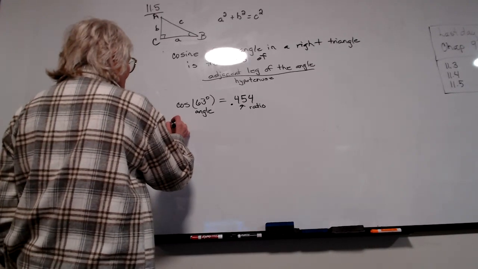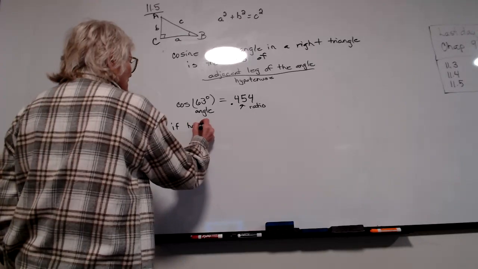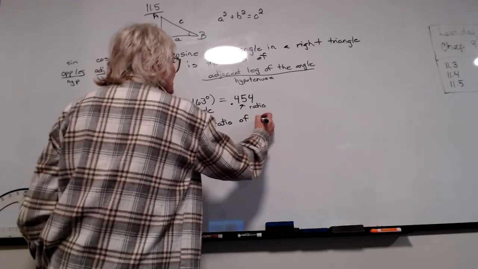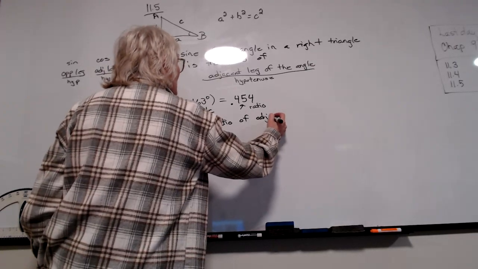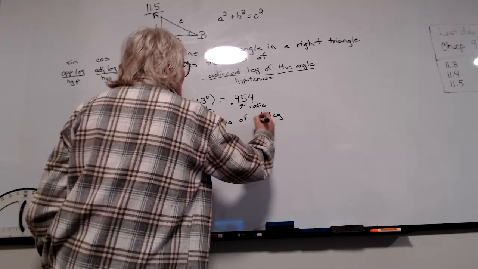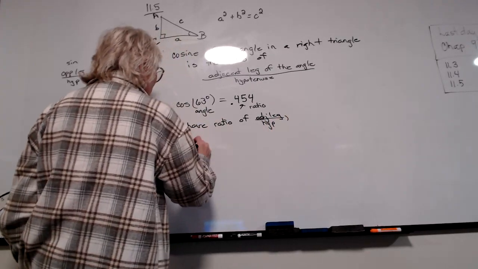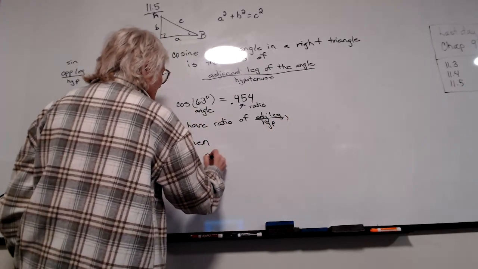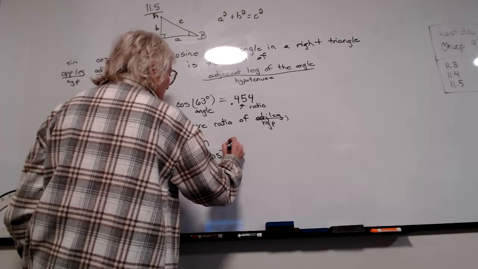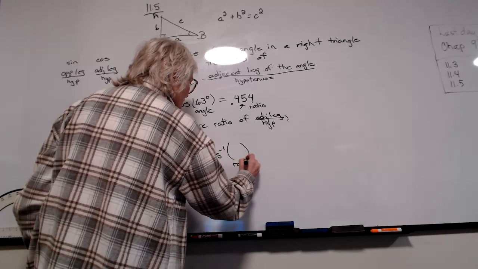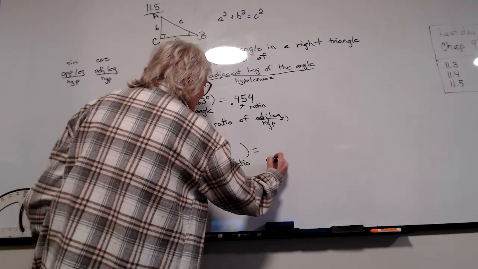So if you have the ratio of adjacent leg over hypotenuse, then COS minus 1, you put in the ratio and you will get out the angle.